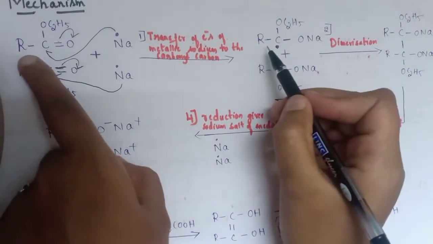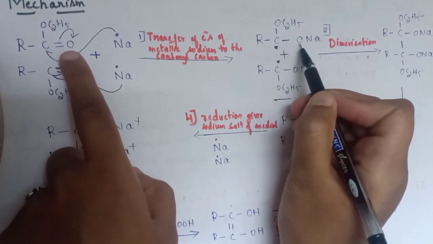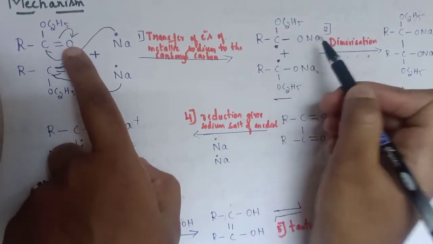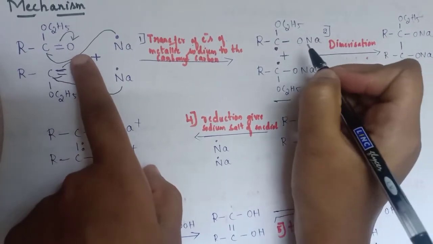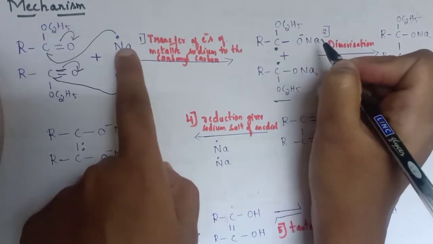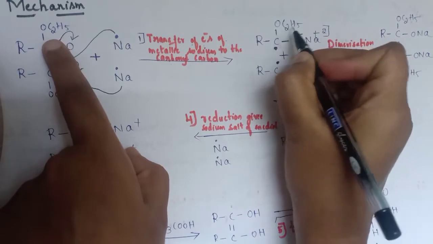See, this R and C, and here is a single bond to O, because one of the bonds is shifted to the oxygen. So the oxygen is getting a negative charge, so we have added Na plus here, and here OC2H5.